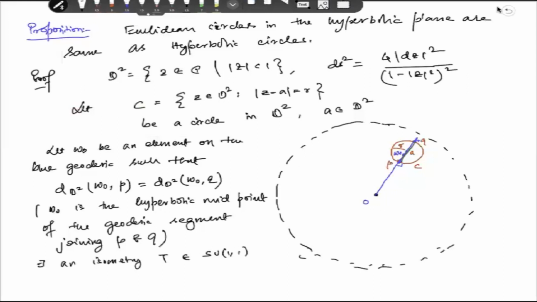So there exists an isometry T which belongs to SU(1,1) such that T of W naught is equal to 0, and T of P and T of Q lie on the real axis. This we can do. Therefore, this Euclidean circle C will be transferred to a curve, something like this.